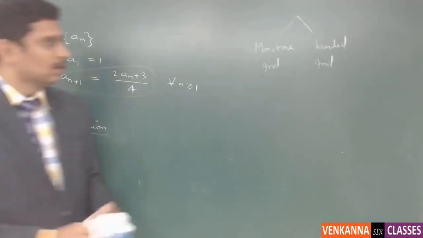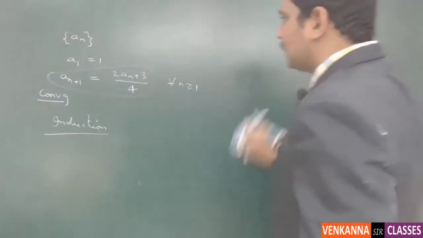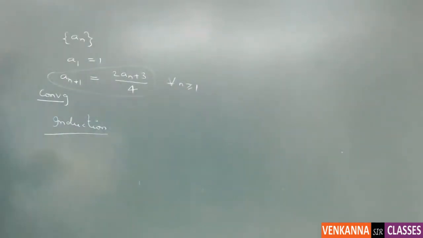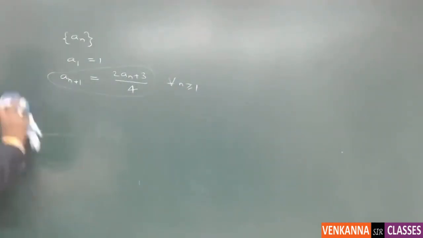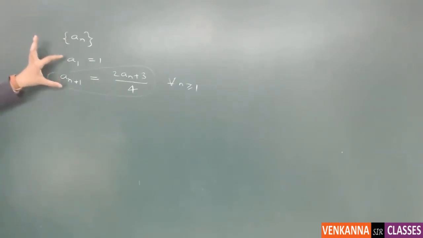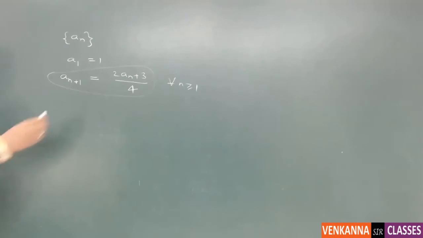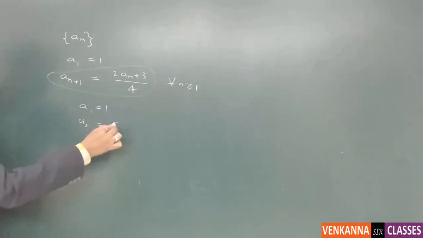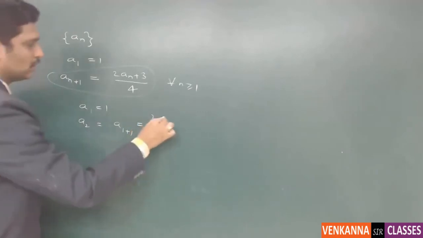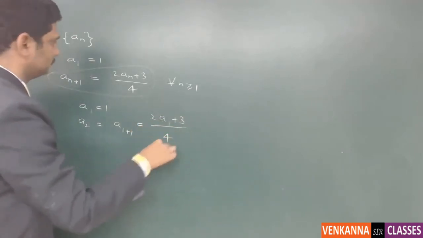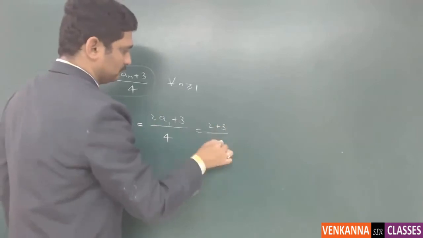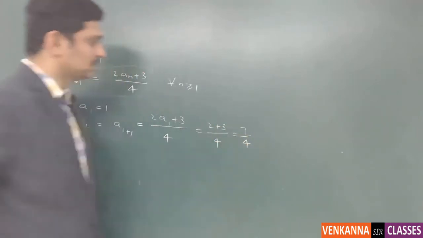Right. So, first of all, let me write the sequence values, the terms in the sequence first. So on paper, first we write this is the sequence and the terms are defined like this. So if you list out all the values in the sequence, it is going to come as a1 is equal to 1, a2 is nothing but a(1+1) from this point. So (2a1 + 3)/4. Seven by 4.